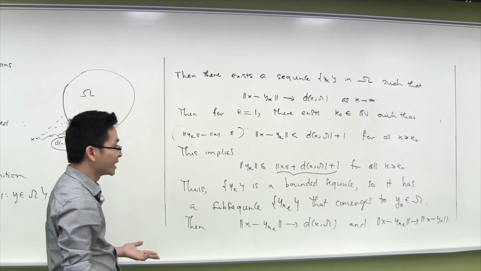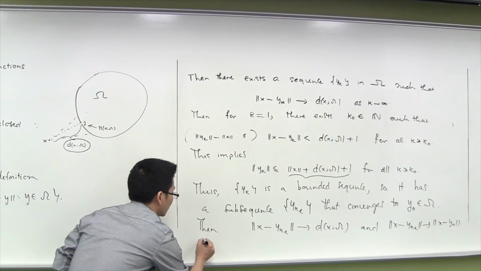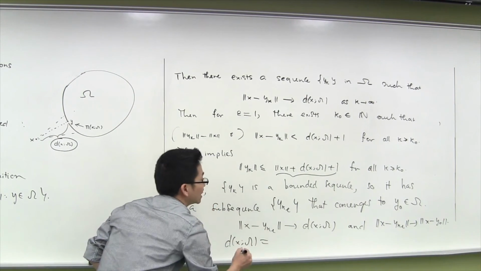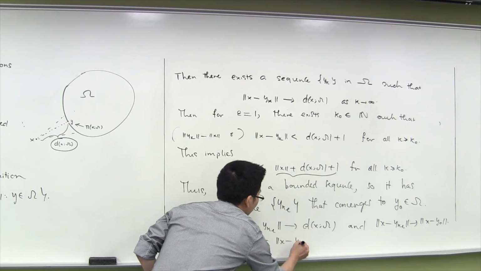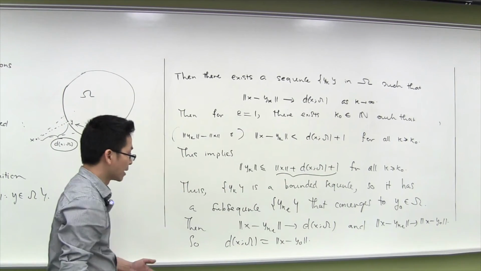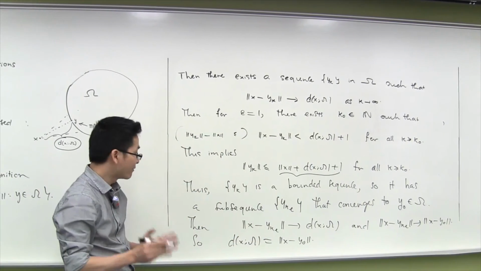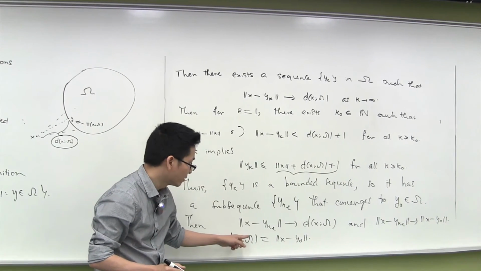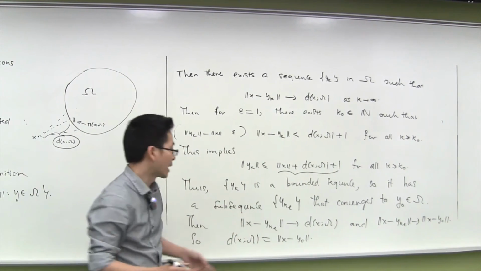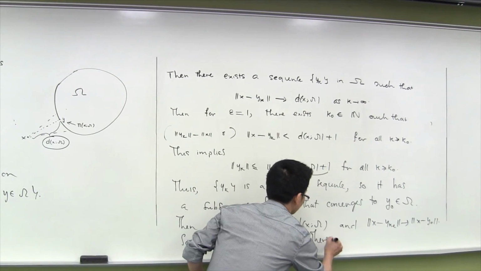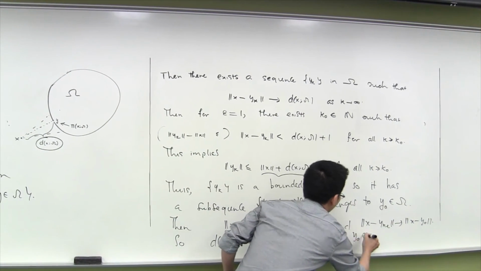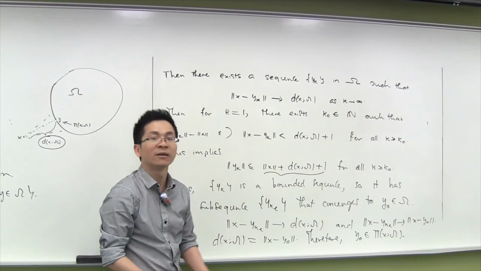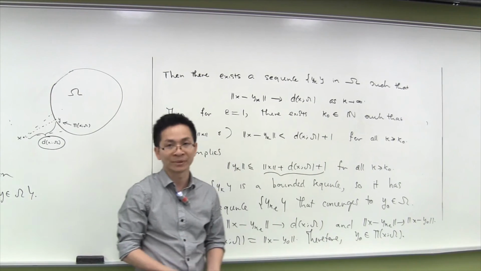By the uniqueness of limits, the distance from x to omega is exactly the norm of x minus y_0. Now here y_0 is in omega. By the definition of the Euclidean projection, y_0 belongs to the projection from x to omega. So the Euclidean projection from x to omega is non-empty.